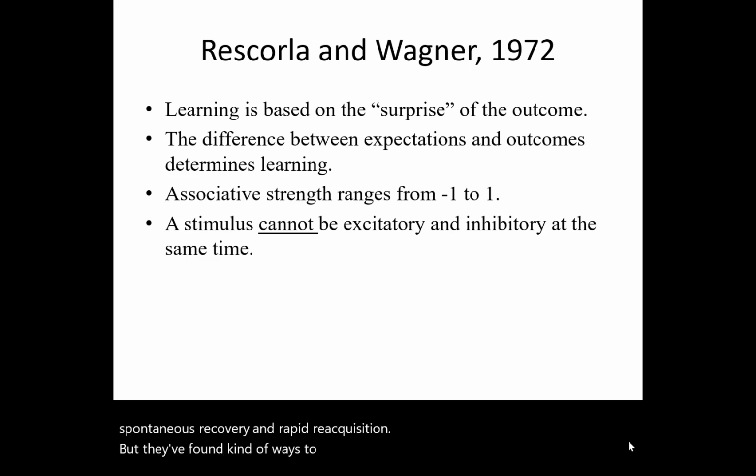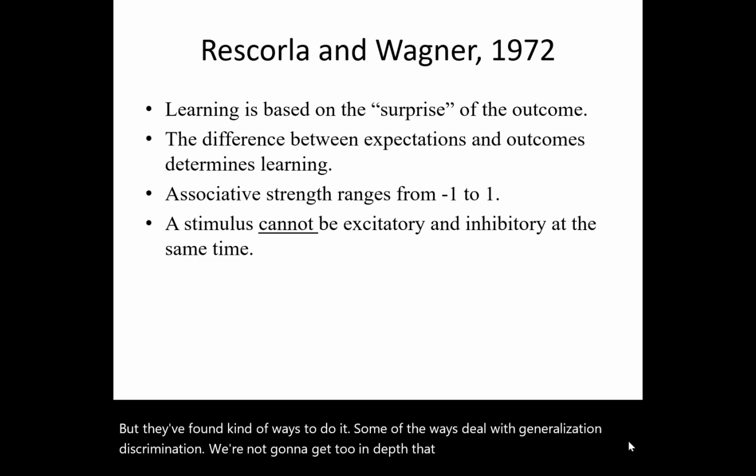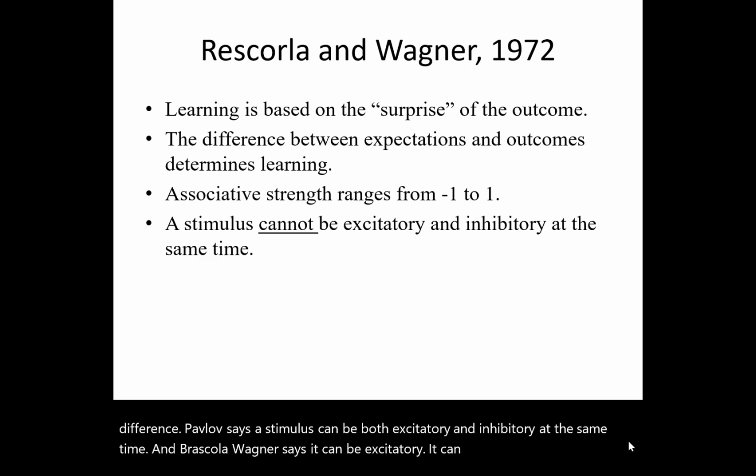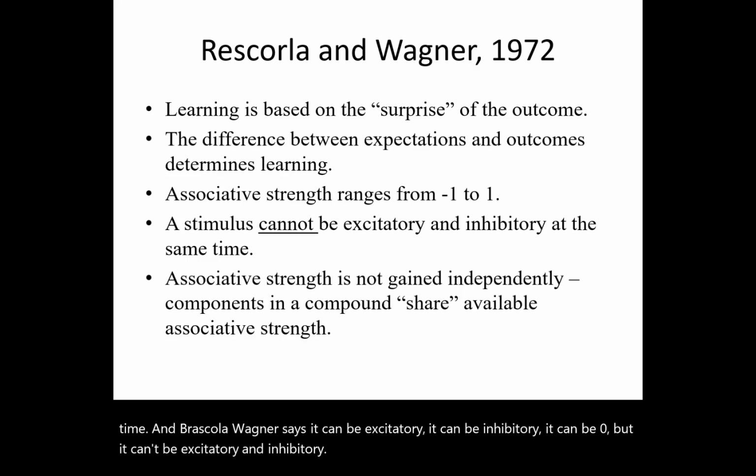Some of the ways deal with generalization and discrimination. We're not going to get too in depth with that. But here's a major difference. Pavlov says a stimulus can be both excitatory and inhibitory at the same time. And Rescorla and Wagner says it can be excitatory, it can be inhibitory, it can be 0, but it can't be excitatory and inhibitory.